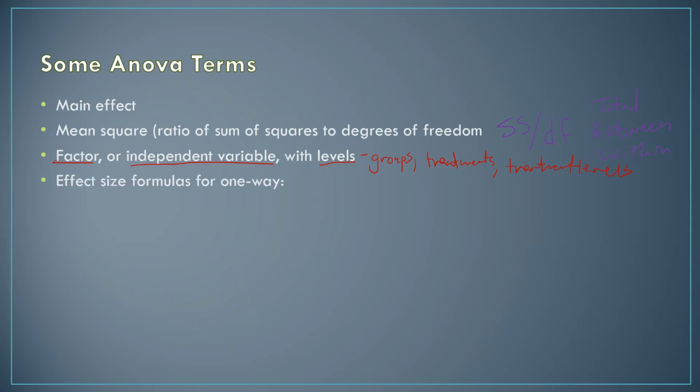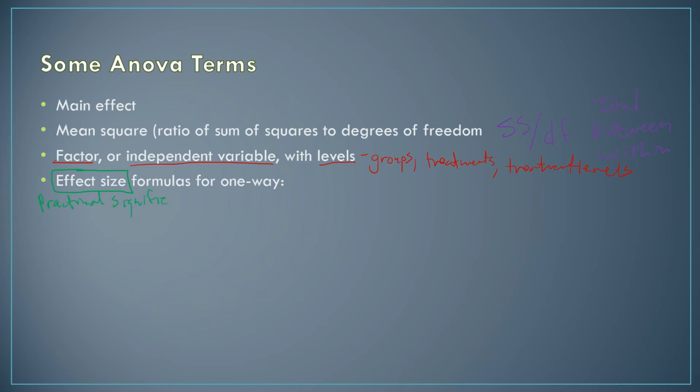Another really important term for ANOVA in particular is effect size, where effect size is looking at how big of a difference there is between these different groups, and is this difference between the means practical in our application of the results. So this is our practical significance.